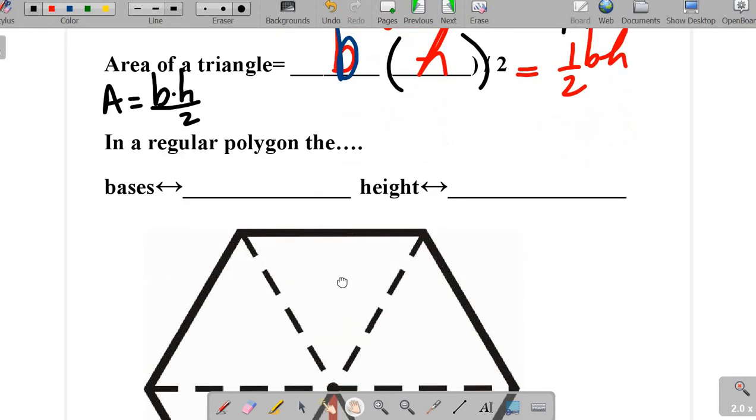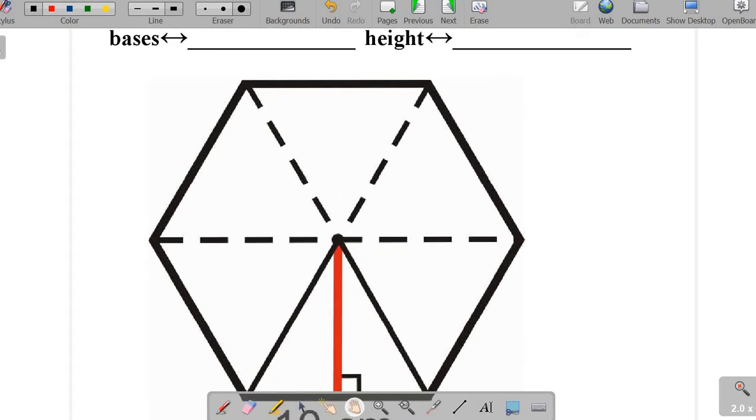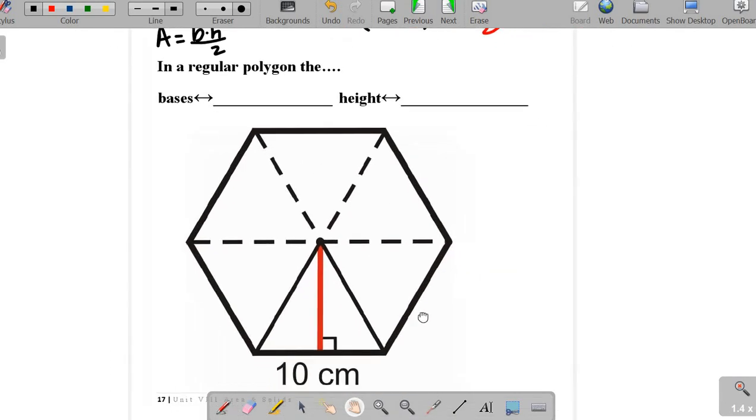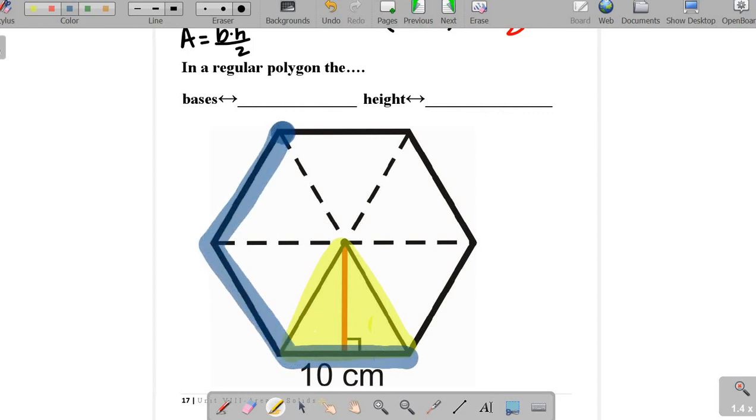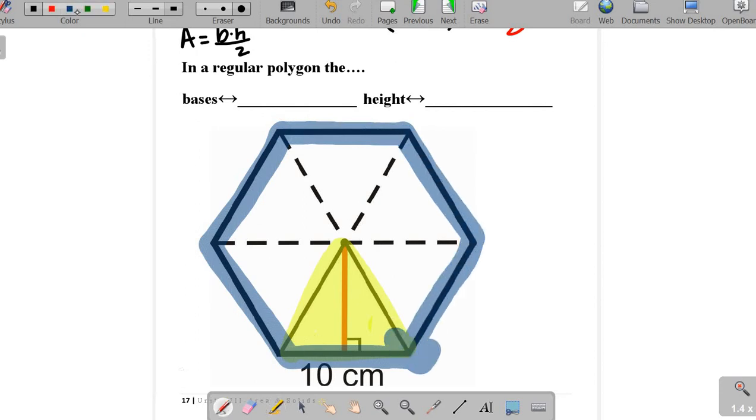So take a very close look here. A regular polygon is basically made up of a bunch of triangles. Can you visualize that? A bunch of triangles? Just shade one. Now, what I'd like you to do is trace all the bases of these pizza slice triangles. Ready? Trace them. 1. Trace the next one. 2, 3, 4, 5, 6. Trace those bases again.